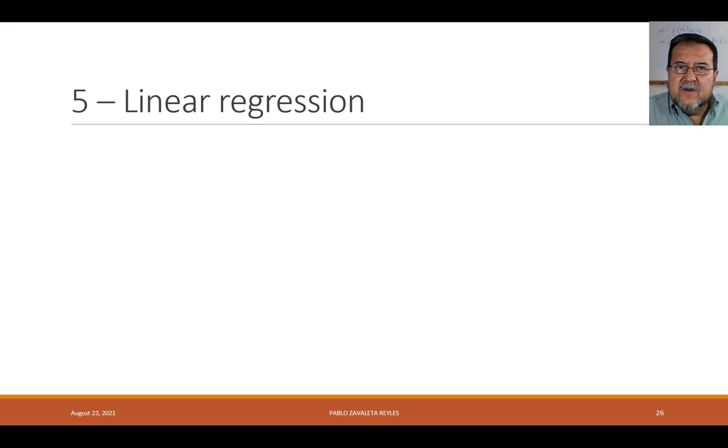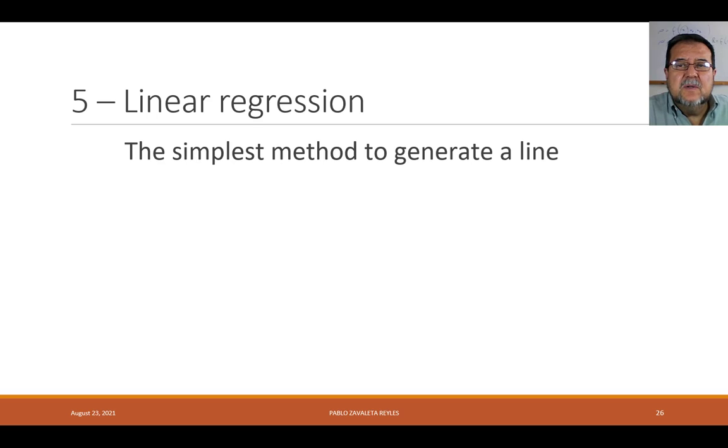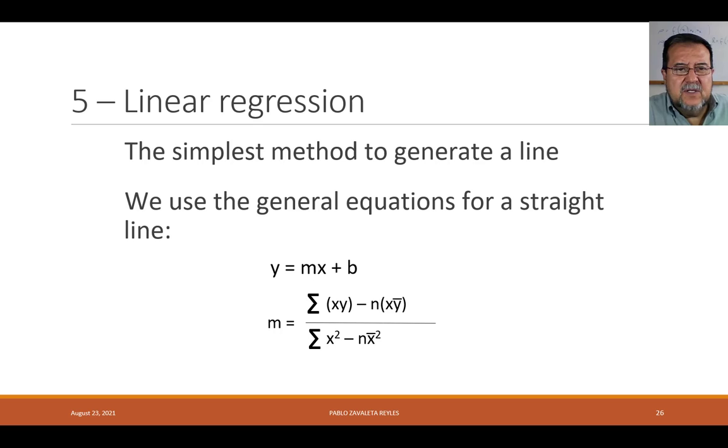Finally, we have linear regression, something that you have seen since secondary school, which is the simplest method to generate a line. We use the general equations, which you already know from high school.